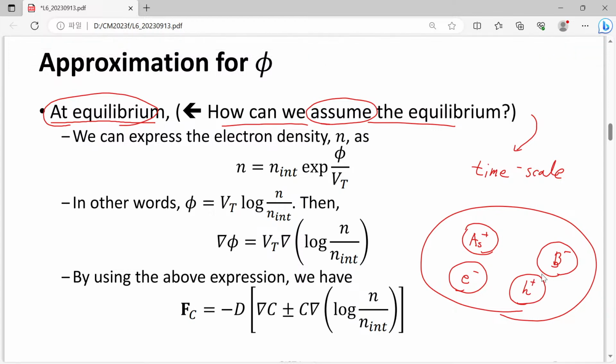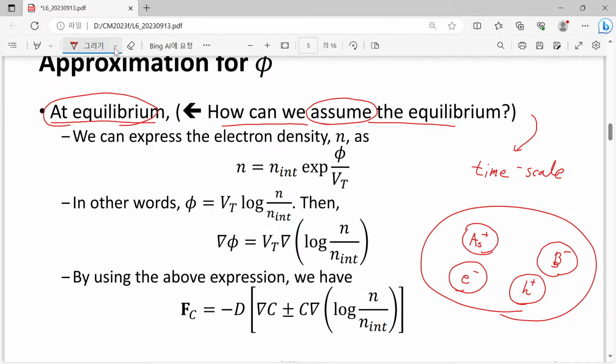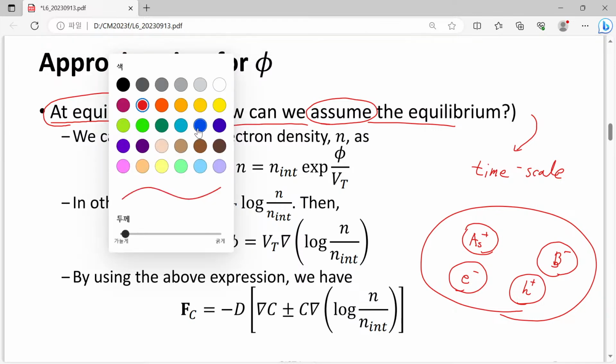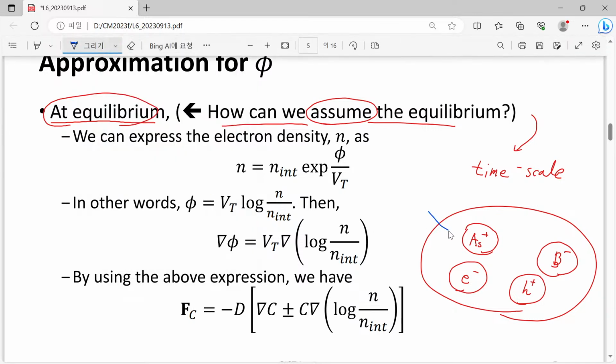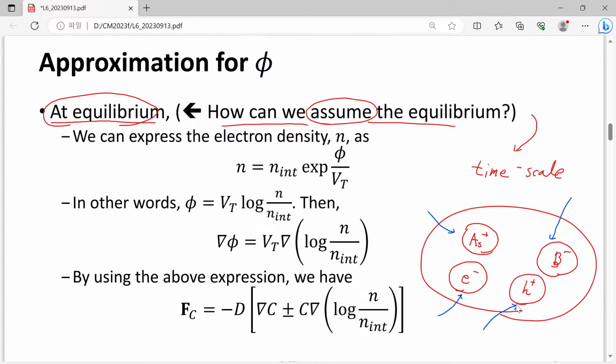Two of them are ions, and two of them are mobile carriers. Think about their motion.